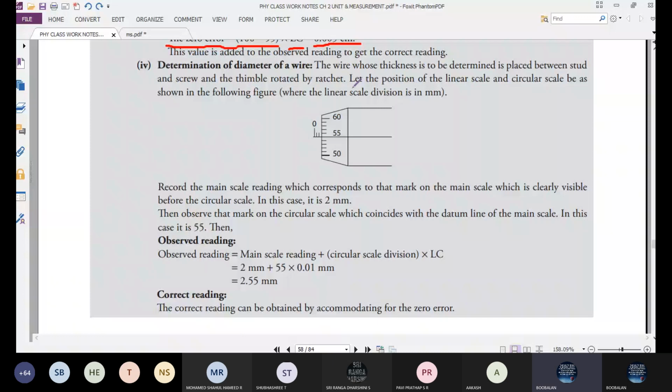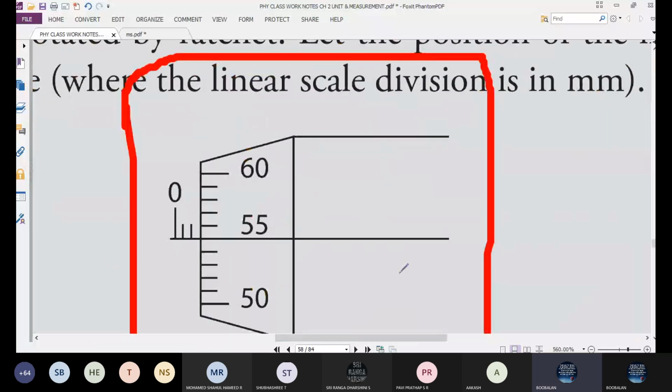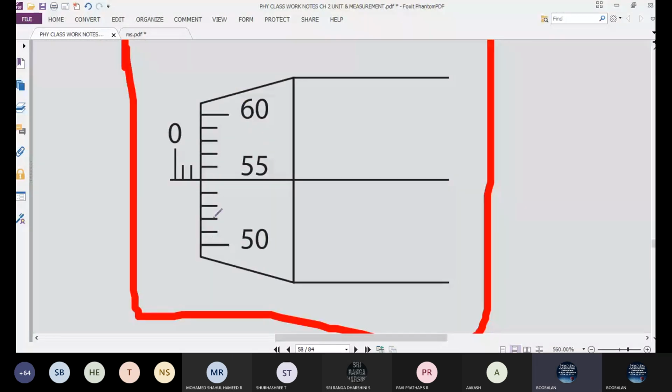So refer to the diagram. 0, 1, 2 are there. Here 50, 51, 52, 53, 54, 55. Okay, this line is 55.